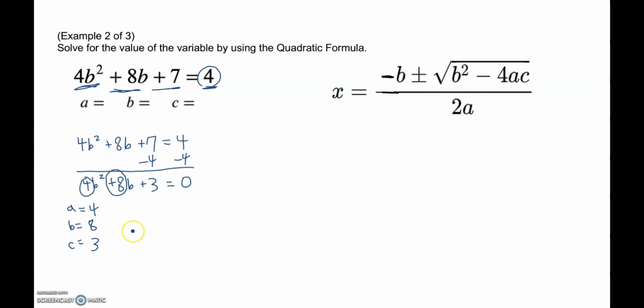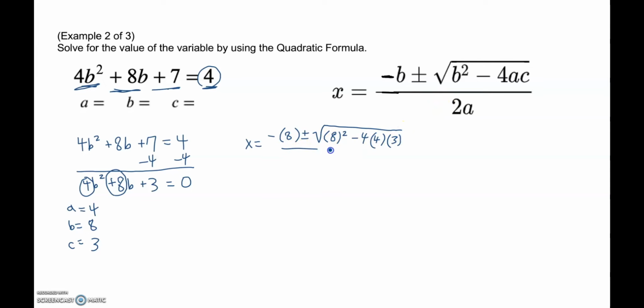So now let's plug these numbers into our quadratic formula. So x is equal to negative b, which is negative 8, plus or minus the square root of 8 squared minus 4a, which is 4, and our c, which is 3.